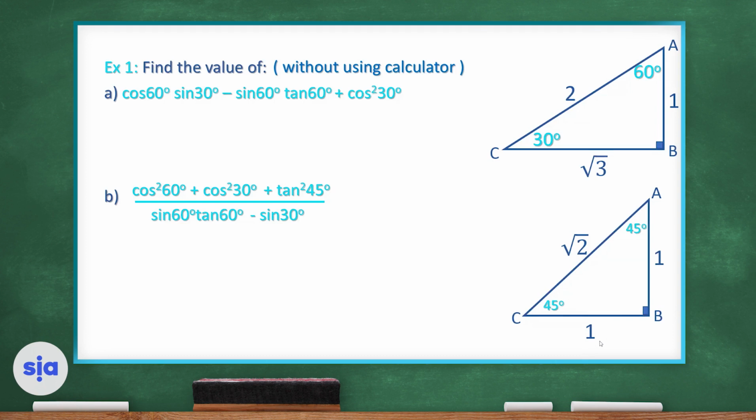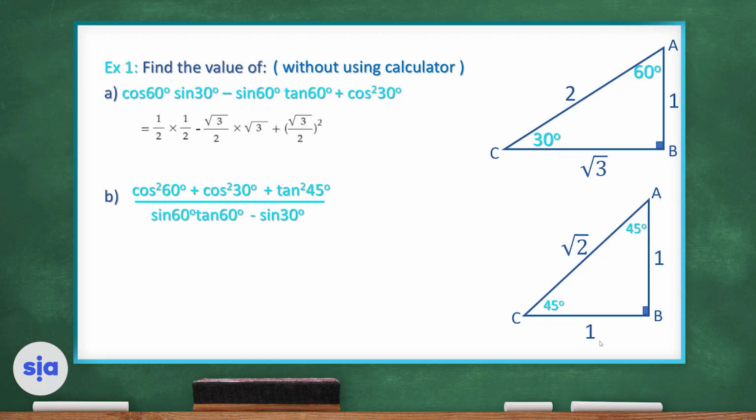So cosine 60 is 1 over 2, times sine 30 is half, minus sine 60, which is square root 3 over 2, times tan 60, which is square root of 3, plus cosine squared 30, which is cosine 30 all squared.